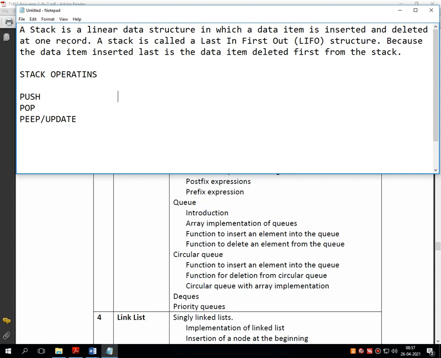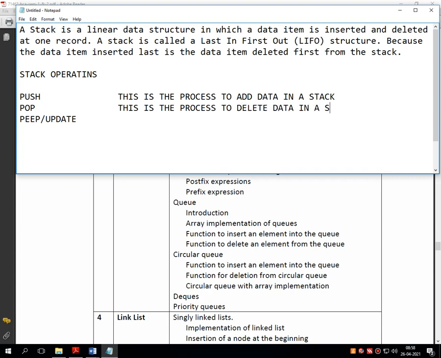Push means what? This is the process to add data in a stack. What is pop? This is the process to delete data in a stack.